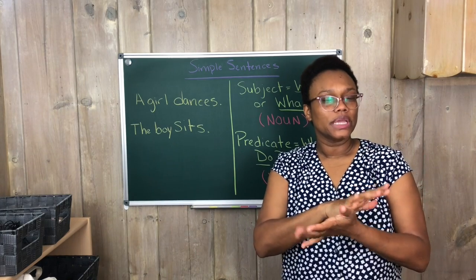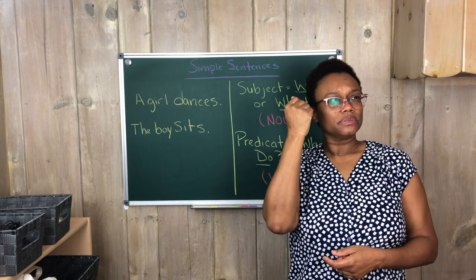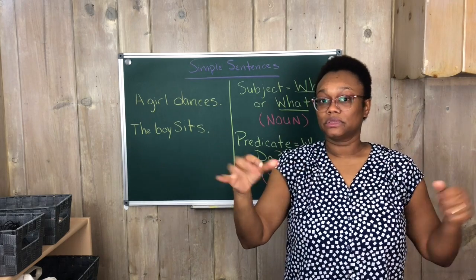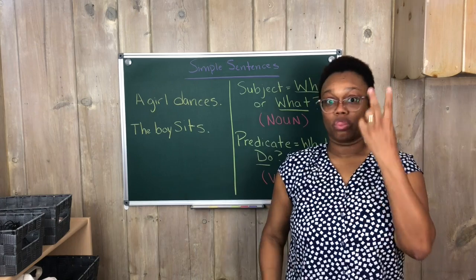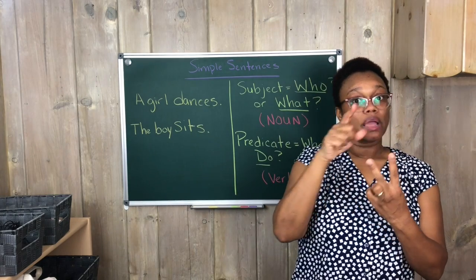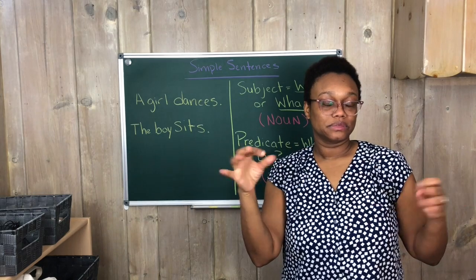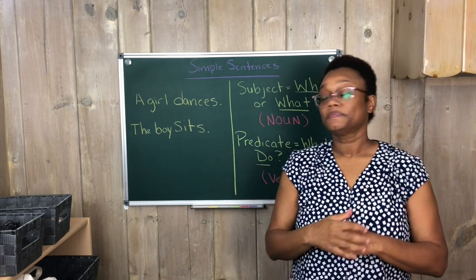Now I want you to try. I'm going to show you a paper, and I want you to think about if the phrases that are given have both a subject and a predicate or verb. If it doesn't, then it's not a sentence.